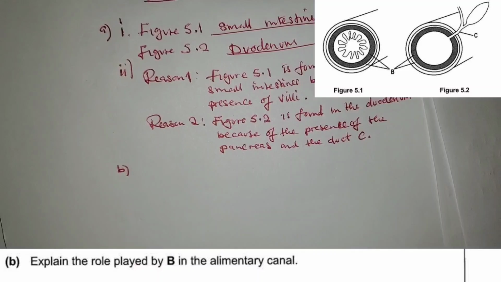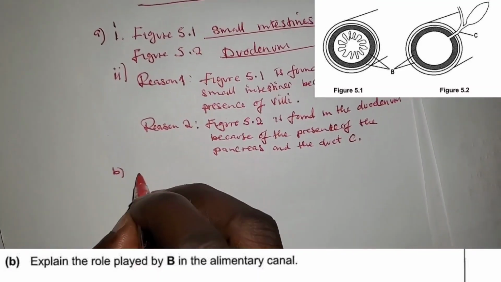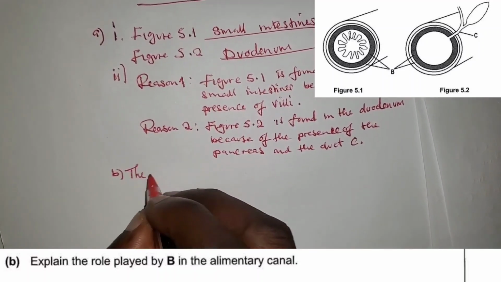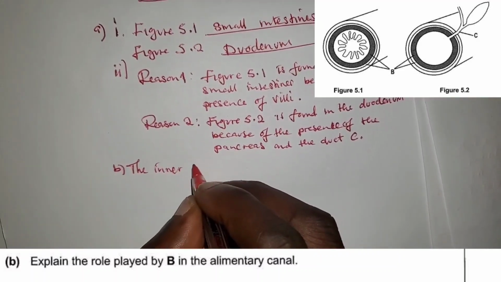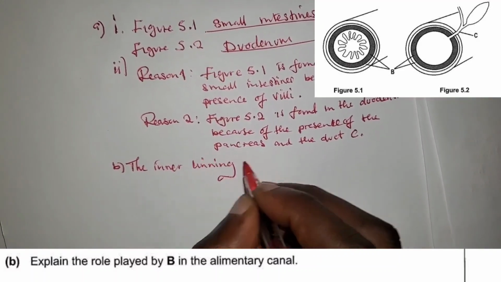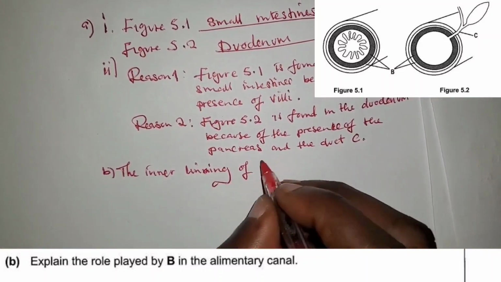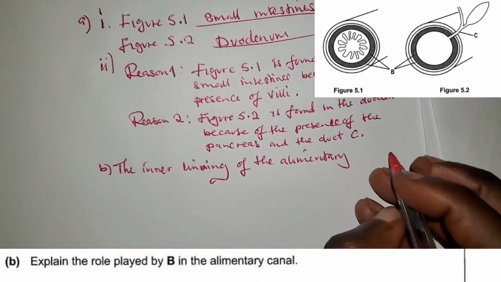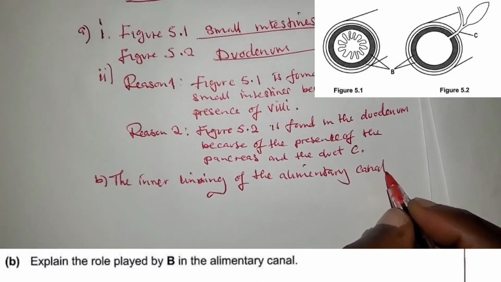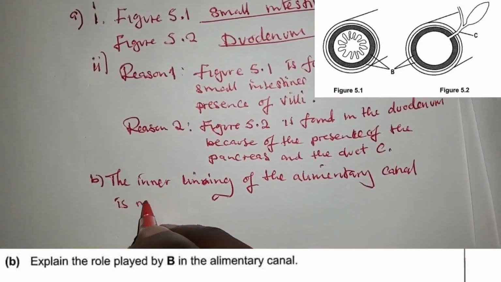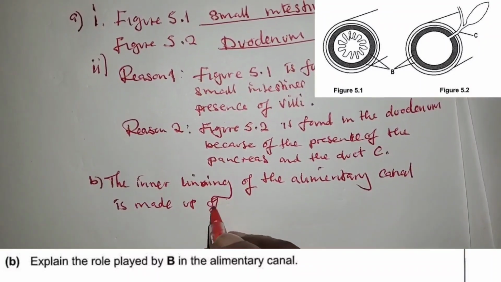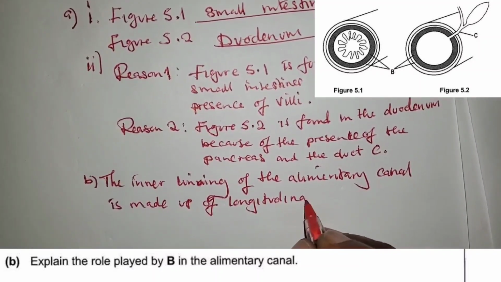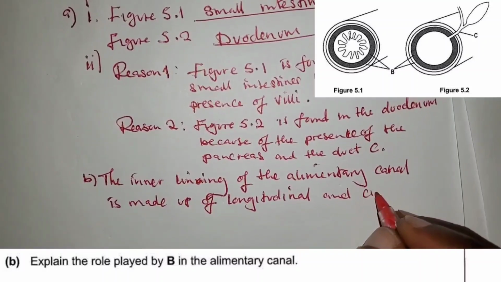So the role of B, you can say the inner lining of the alimentary canal is made up of longitudinal and circular muscles.